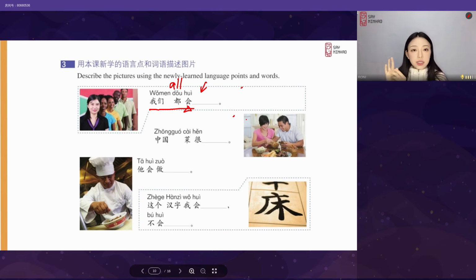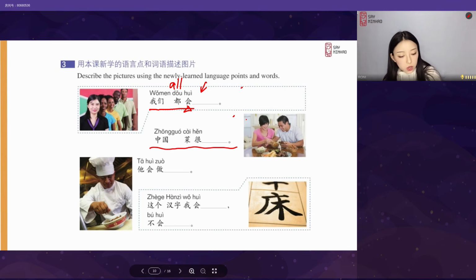We can write Chinese characters and we can cook Chinese dishes. Okay, let's try to fill in the blanks. First one, 我们都会说汉语 is okay, and 我们都会写汉字 and 我们都会做中国菜. There are so many different answers. You can put in anything you want.